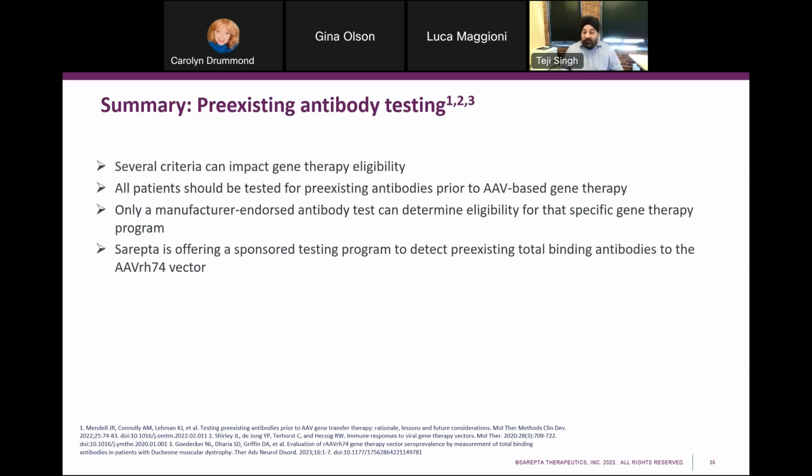Only a manufacturer-endorsed antibody test can be used to determine eligibility for a specific gene therapy program, and that's because of all the steps it takes to make sure that that test is specific for that indication, that program, that capsid, that vector. And as I mentioned, Sarepta is offering a sponsored testing program to detect pre-existing total antibodies to the AAV Rh74 vector for our commercial products as they become available.